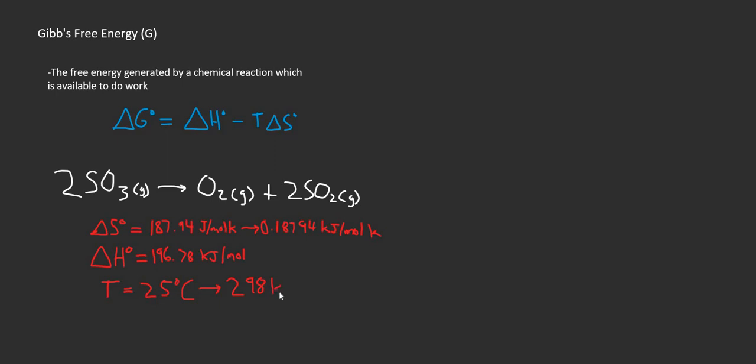It's pretty easy to remember. Whenever you see 25 degrees C, I would immediately write down next to it 298 K, because 298 K is what we consider to be SI units for standard temperature. So I would always try to keep that in mind.